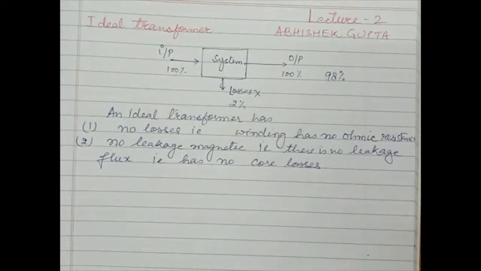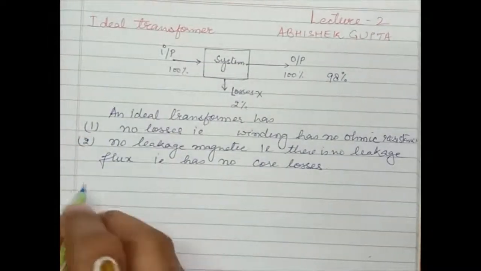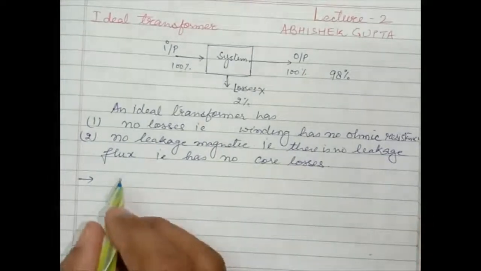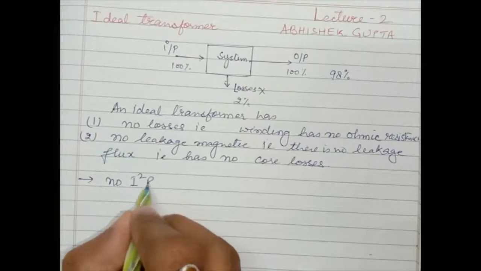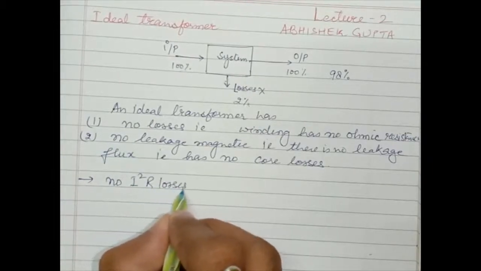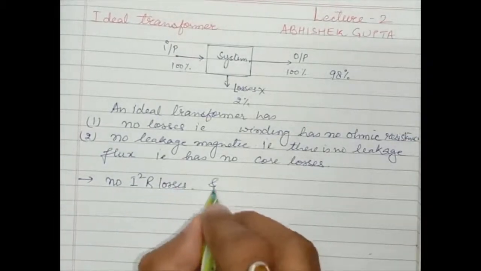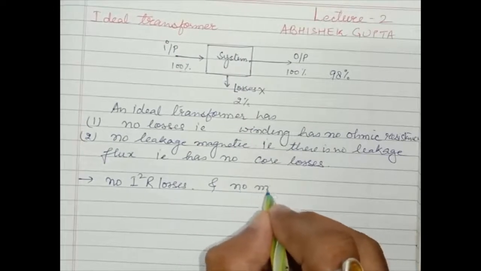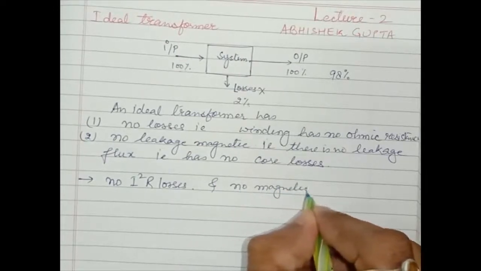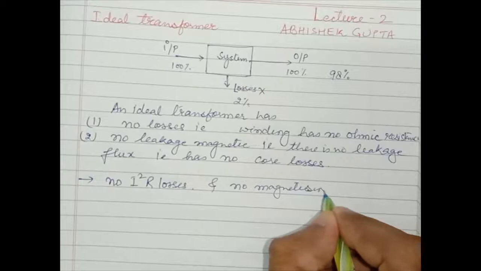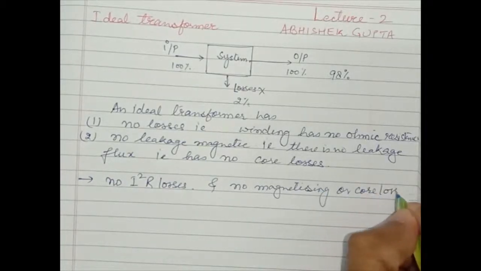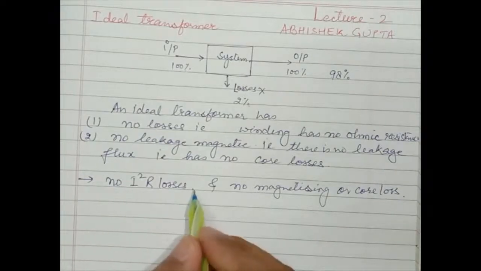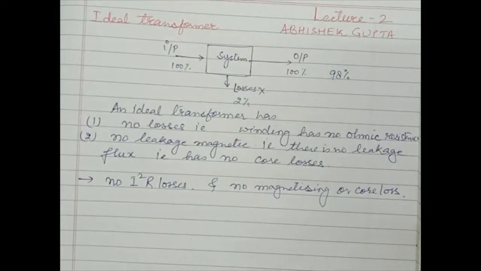So from these we can say that an ideal transformer has no I square R losses, number one, and no magnetizing or core losses. This is the basic property of an ideal transformer.